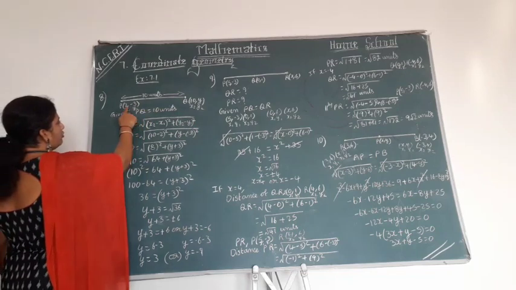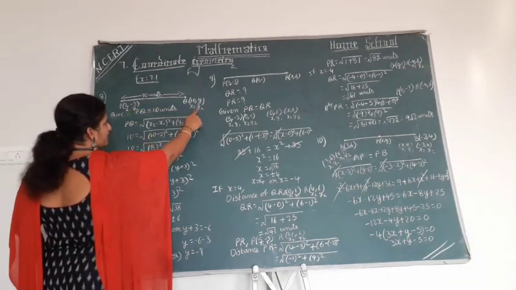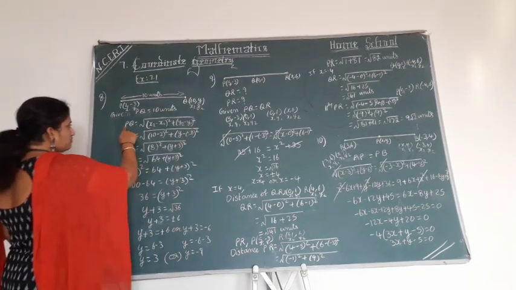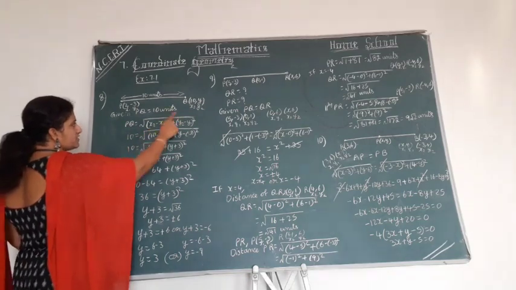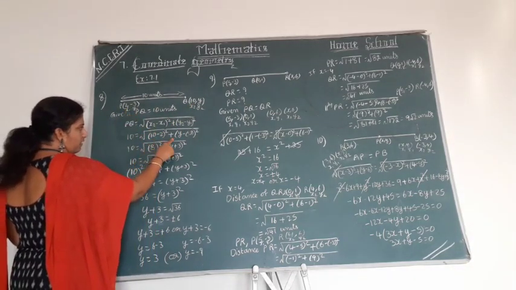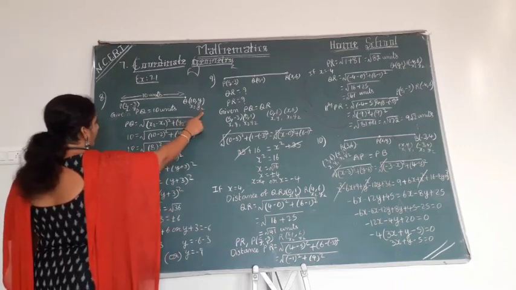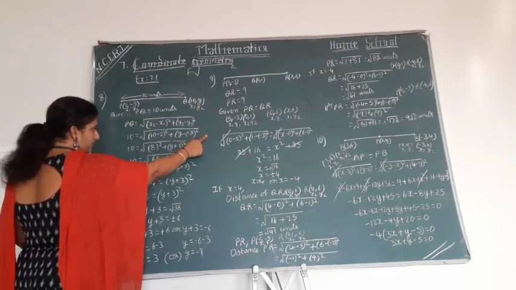As usual, write the first coordinate as x1, y1, and the second coordinate as x2, y2. PQ we know already is 10. 10 minus 2 whole square plus y2 value, y minus of minus 3 whole square.